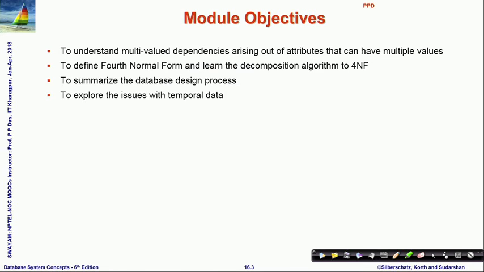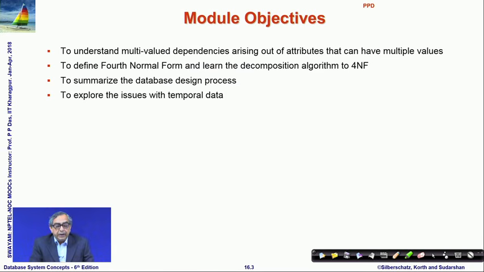In view of that, in this module we will try to understand a new kind of data dependency, an additional kind of data dependency, which is called multivalued dependency, which can occur when an attribute can take multiple possible values, which we had eliminated in the first normal form together.